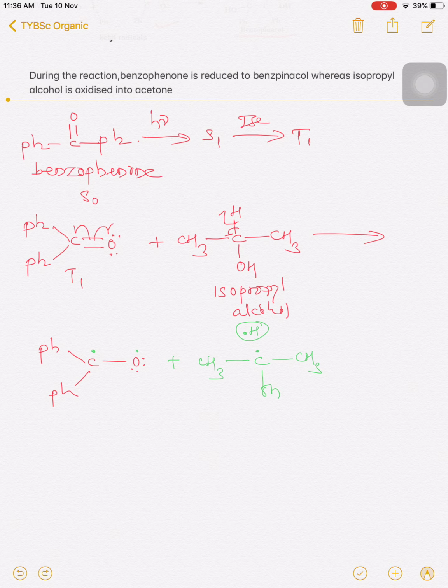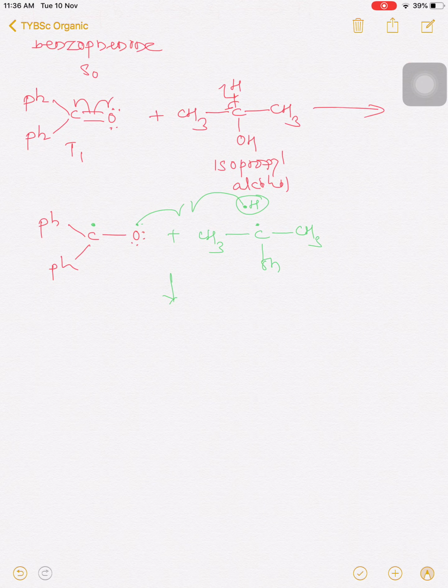So the hydrogen gives one radical and the oxygen gives one radical, and this hydrogen is now bonded to this oxygen. It becomes Ph, this is a radical.